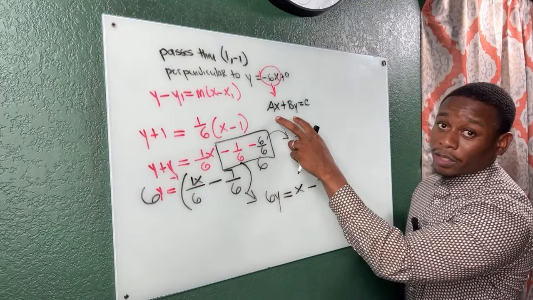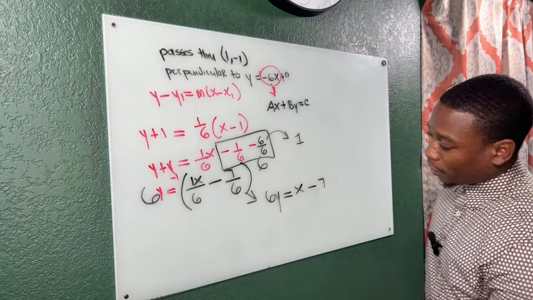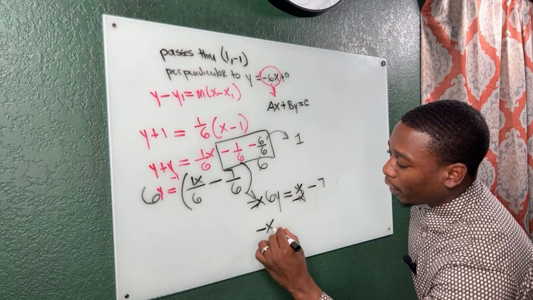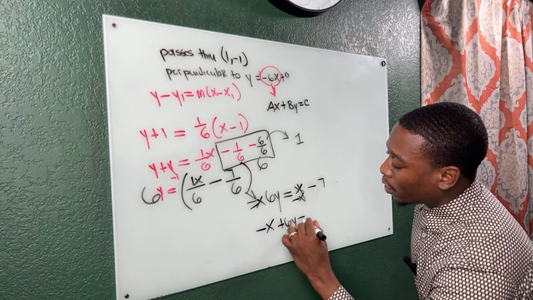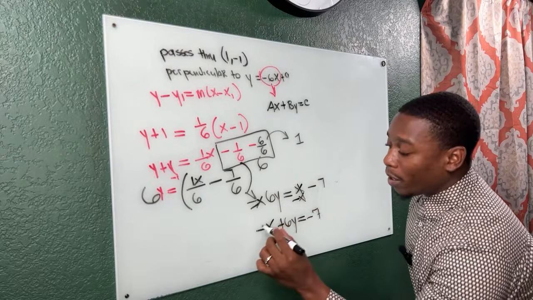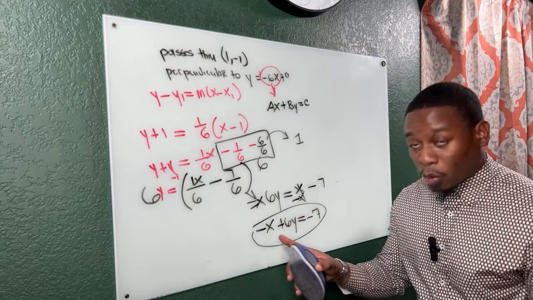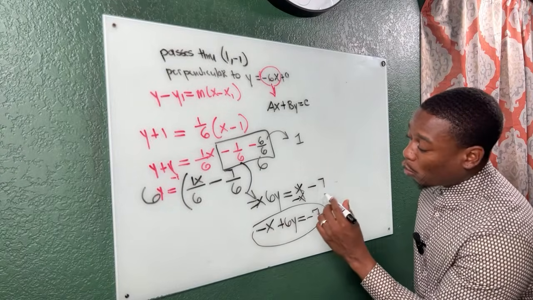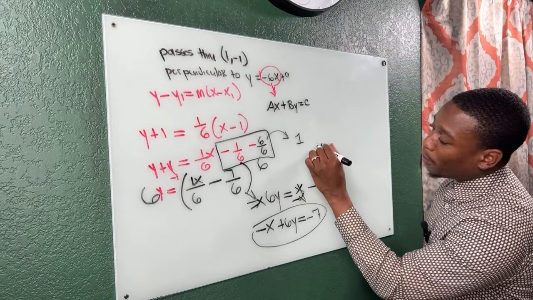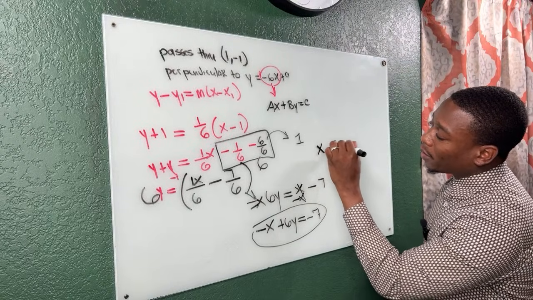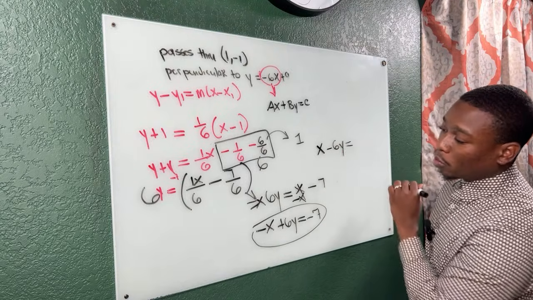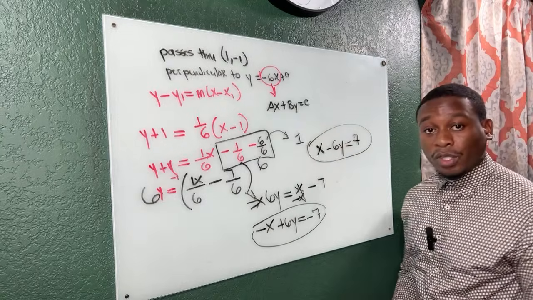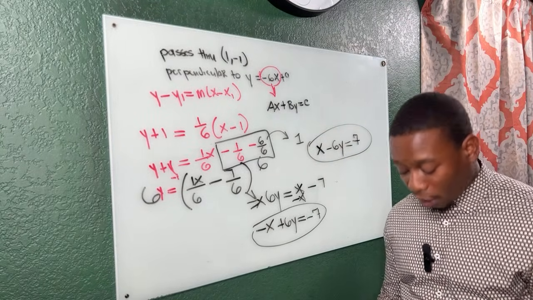Mind you, still not in standard form, so I'm going to subtract x. So now I have negative x plus 6y is equal to negative 7. But 9 times out of 10, you're not going to see the equation like this where x is negative. So if we divide everything by negative 1, our final answer should be positive x minus 6y is equal to positive 7. So just make sure that you guys understand and remember that, okay?